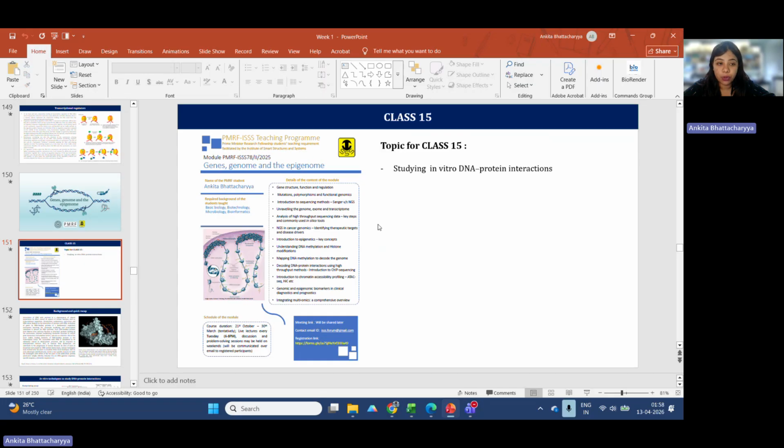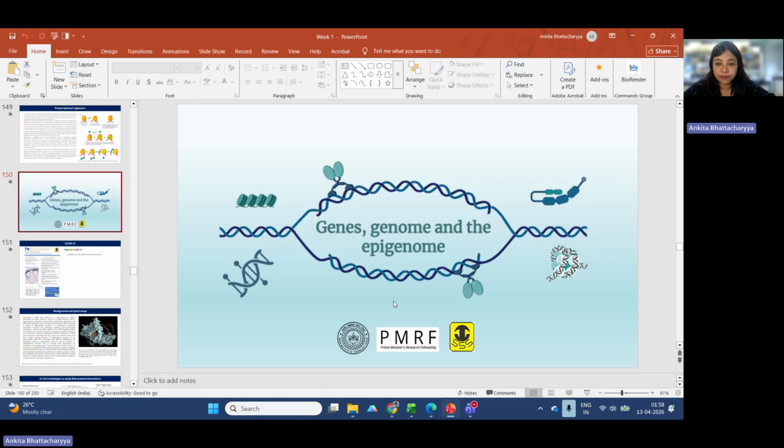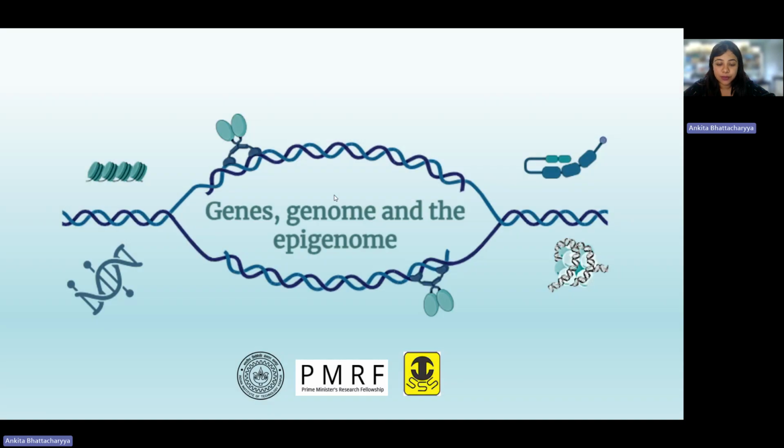What I do want to say, however, as a sort of conclusion of this entire course, is that my objective with this course was A, to teach, B, to learn myself, because I'm also an active researcher at this point. I have had the immense privilege of receiving this fellowship.